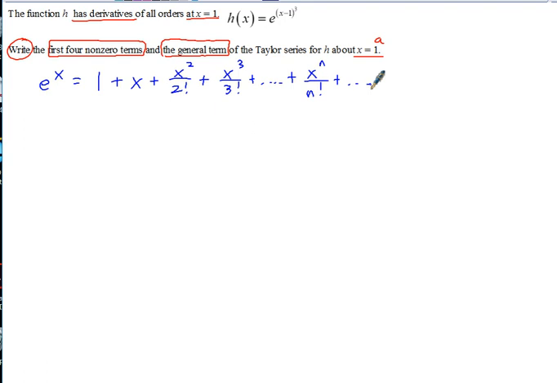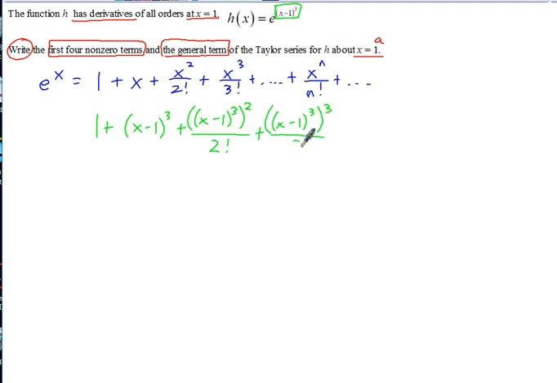So all we have to do here, since it's modified, notice instead of x, we've got x minus 1 cubed there. So for all the x's, we'll just substitute that in. So the 1's not going to change. I will say 1. But for this x, we'll have x minus 1 cubed. Plus, here we'll have x minus 1 cubed squared divided by 2 factorial plus x minus 1 cubed over 3 factorial plus dot dot dot.